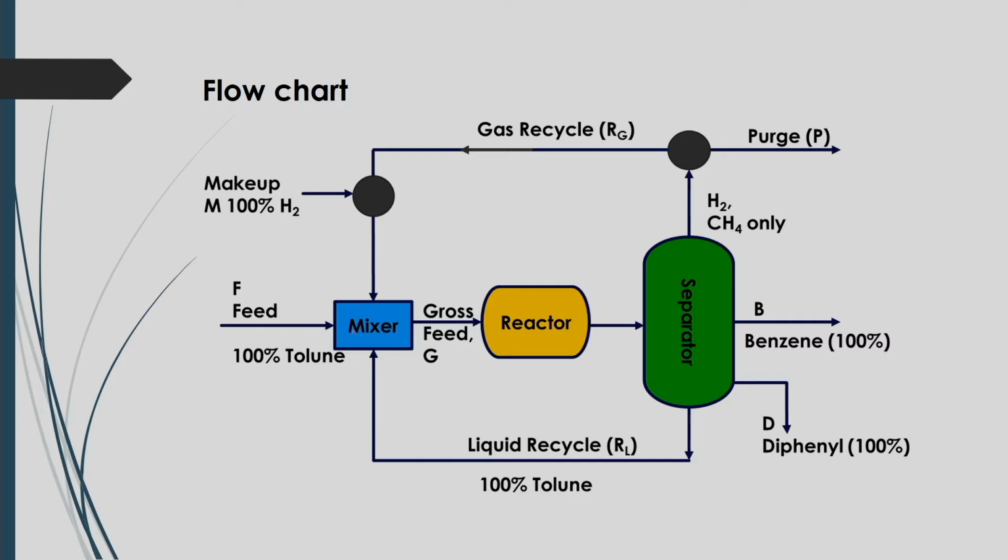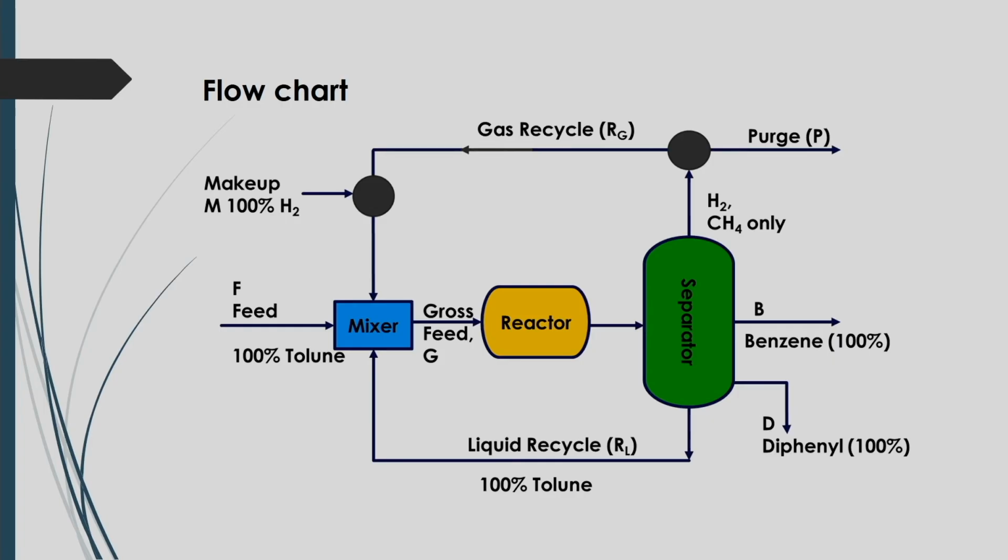After that, from this mixer the gross feed G comes into the reactor, and after reaction several products come out as per the reactions, along with the byproducts. Those product streams, with the different components, products and byproducts, are sent to the separator, and after some separation processing they are divided into several components.